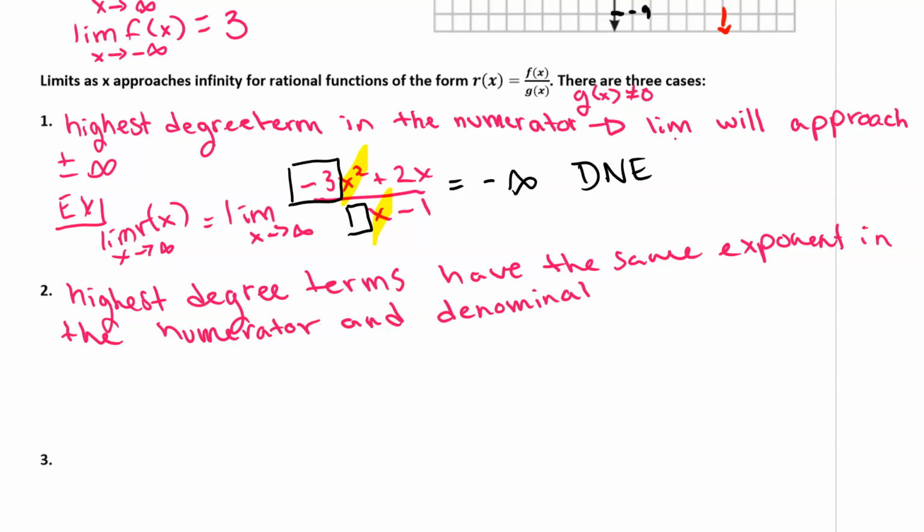Well, in that case, the limit will approach the ratio of the coefficients on the highest degree terms.